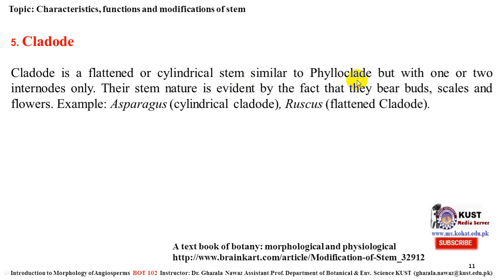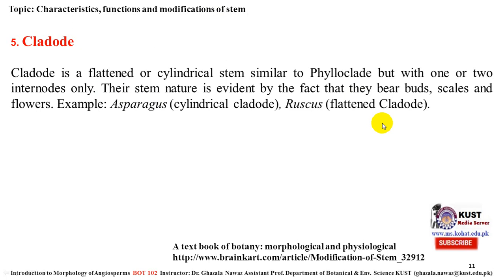Why are they with limited growth? Because they have only 1 or 2 internodes, and their stem nature is evident by the fact that they bear buds, scales and flowers. Whenever a plant portion is bearing buds, scales and flowers, that portion is actually a stem. Examples are Asparagus and Ruscus.